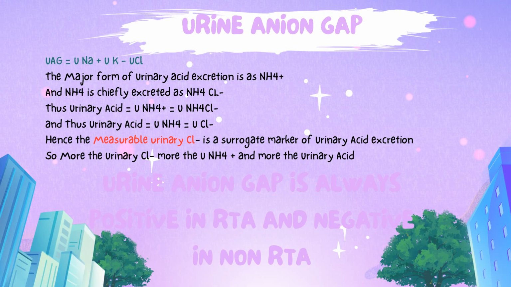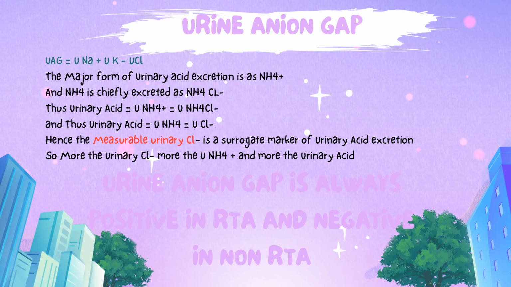Alright, let's see how we could integrate urinary acid excretion into the urinary anion gap concept. The urinary anion gap formula is urinary sodium plus urinary potassium minus urinary chloride. The major form of urinary acid excretion is as ammonium, which we already know, and ammonium is chiefly excreted as ammonium chloride.